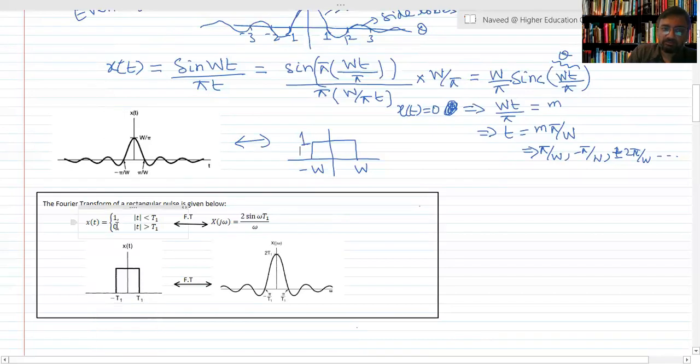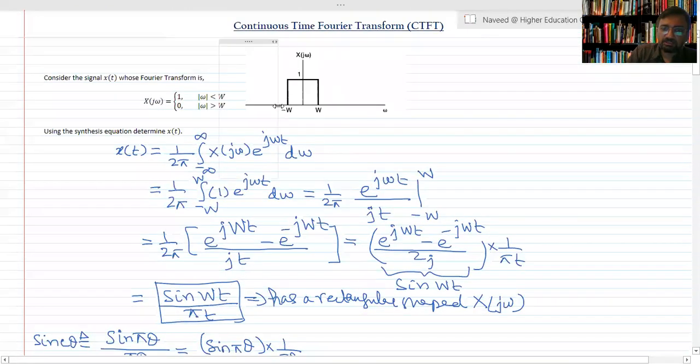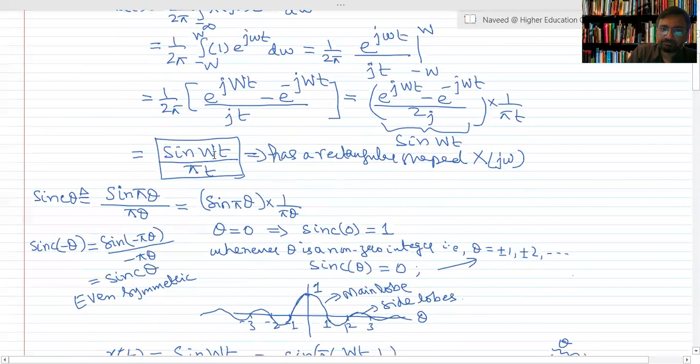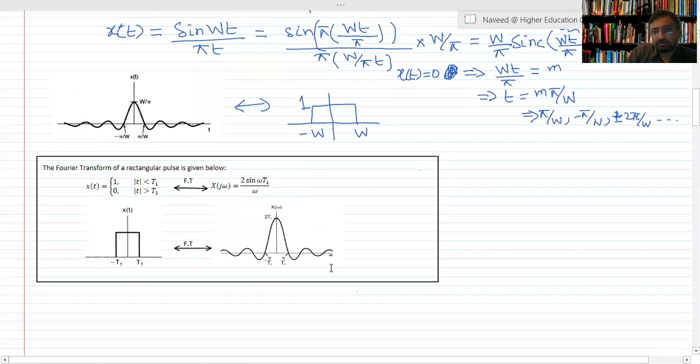For example, had we known this property earlier, we could have guessed that for this shape, we might get a Sinc function as x(t).